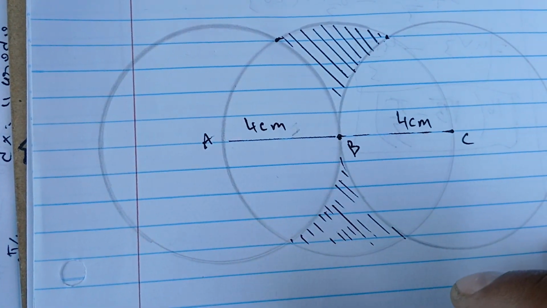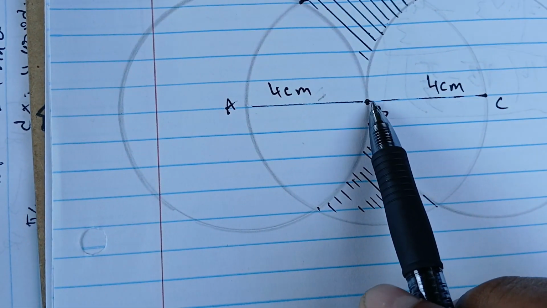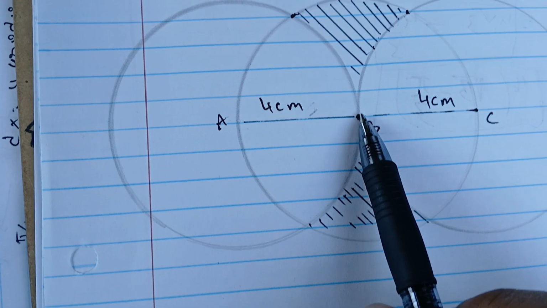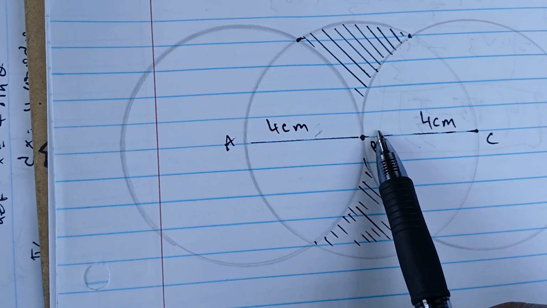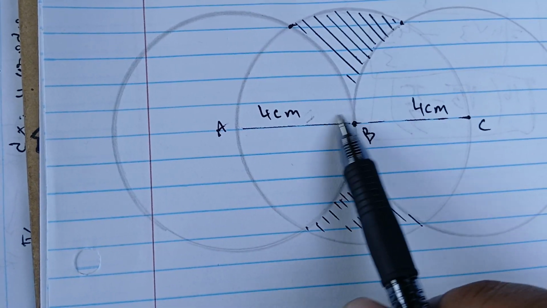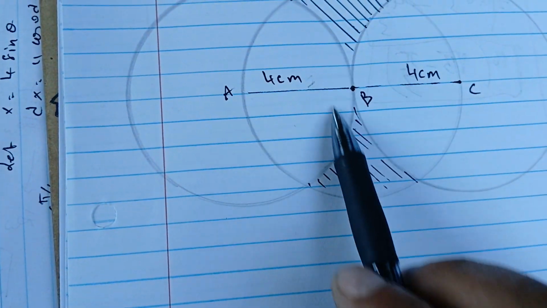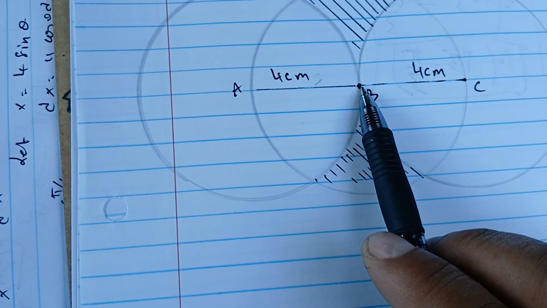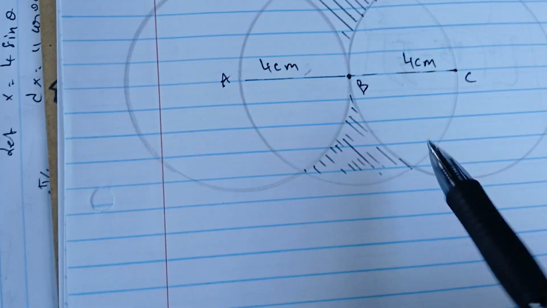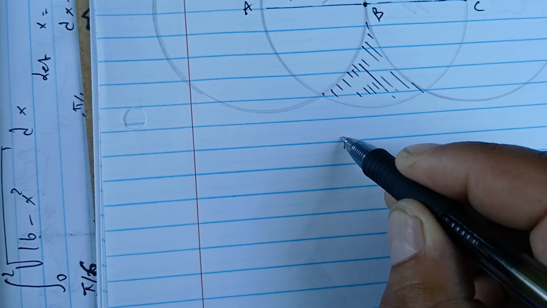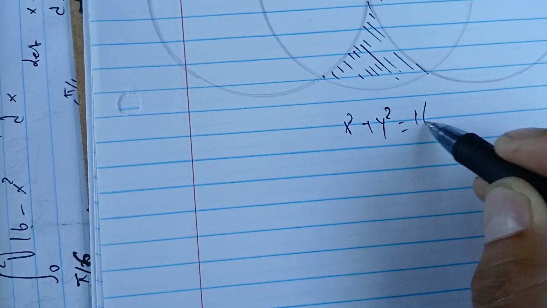So what we're going to do is use this B here as the center. If we use this one, this circle will have B as the origin, the center. So its equation is going to be x squared plus y squared equals 16.